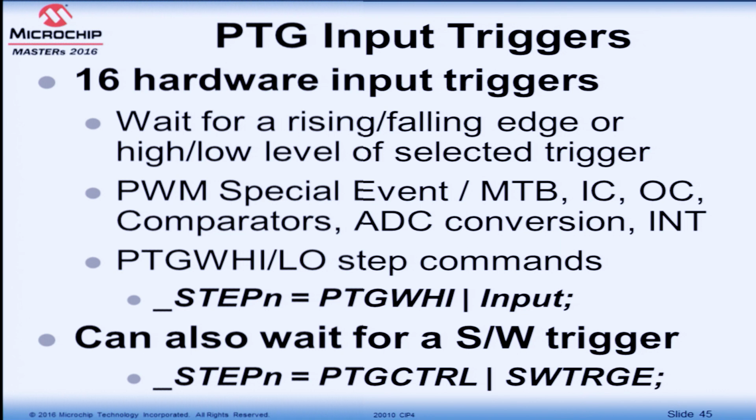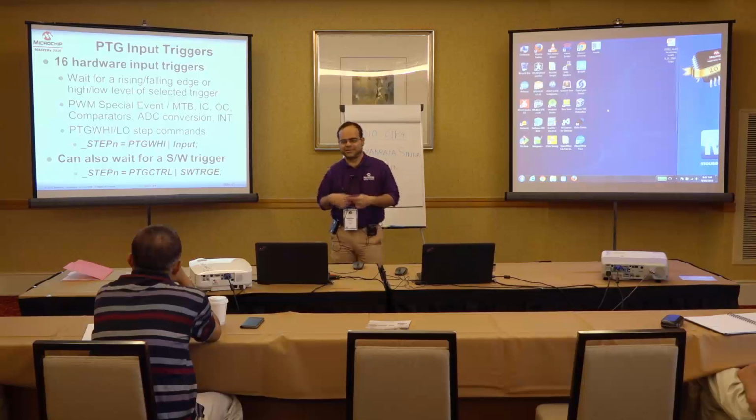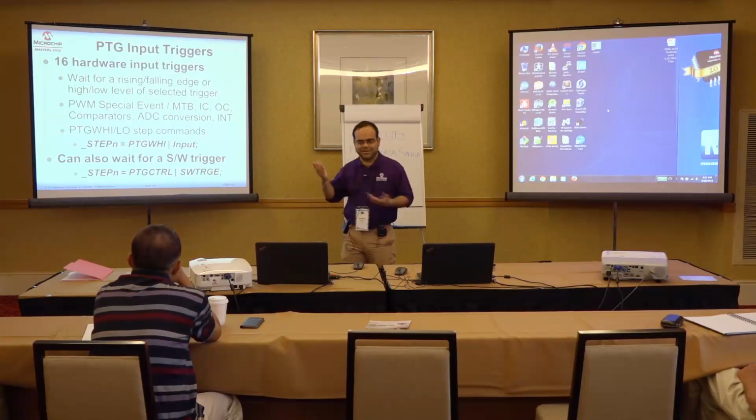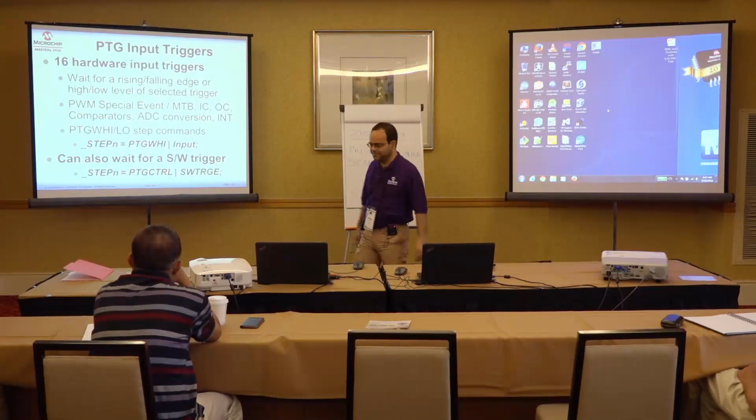And then which are these modules that can generate triggers to the PTG? There could be the PWM special event trigger, which happens when the PWM time base rolls over, or the master time base rollover in the case of the high speed PWM.